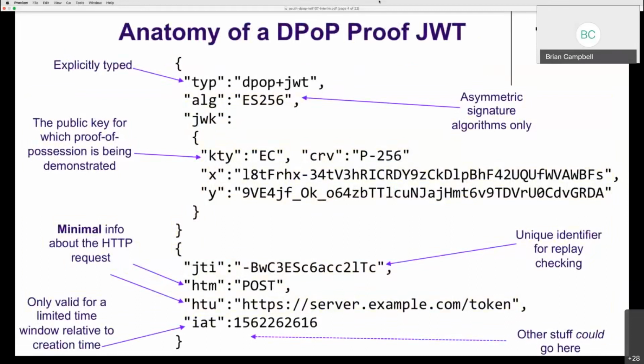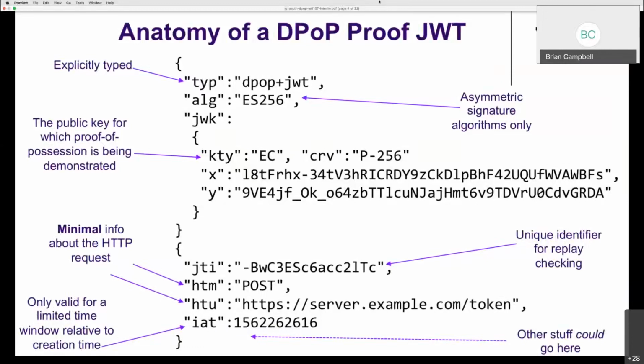It's explicitly typed, and asymmetric signatures are the only ones that are supported. The JWK header of the proof contains the public key for which proof of possession is being demonstrated by the client. Then it's a JWT with some minimal claim information about the HTTP request, basically the method and the URI of the request, omitting any fragment or query parameters.